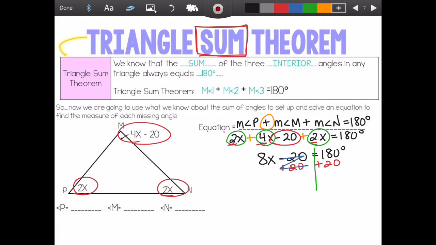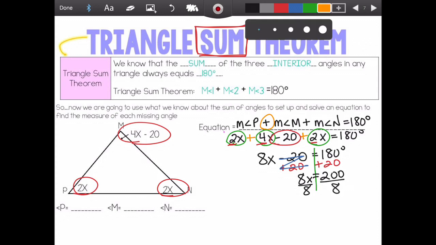I have 8x on the left is equal to 180 plus 20 is 200. Now I still want x by itself, so I'm going to divide by 8 on both sides. This becomes 1 because the numerator and the denominator are the same. I finally have x by itself.